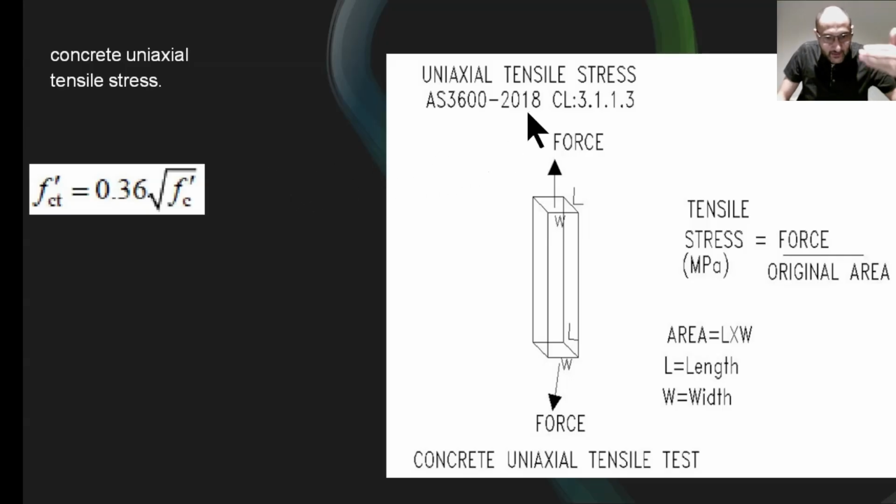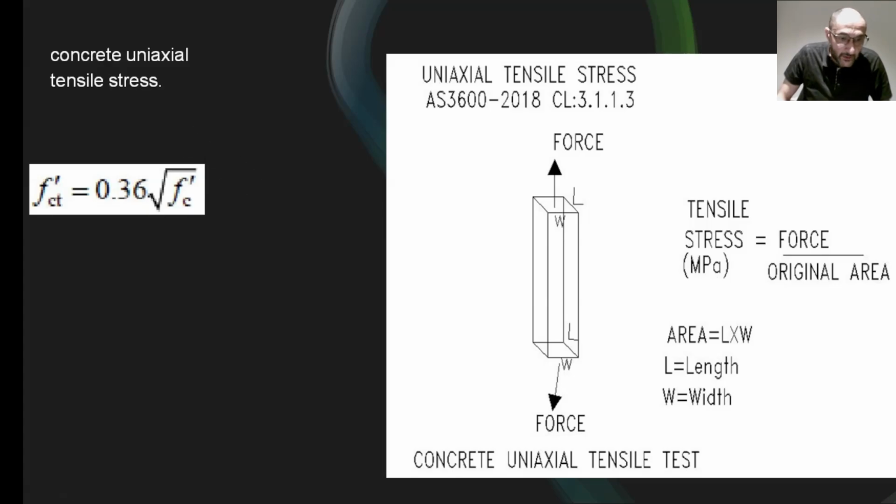This uniaxial tensile strength is approximately 0.36 square root f'c, and I think this is in clause 3.1.1.3 in AS 3600 2018. I'm sure around the world you'll have a different value for that, so please check your code.